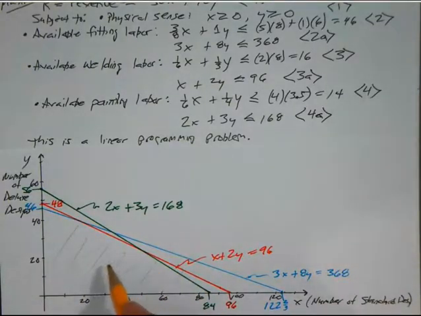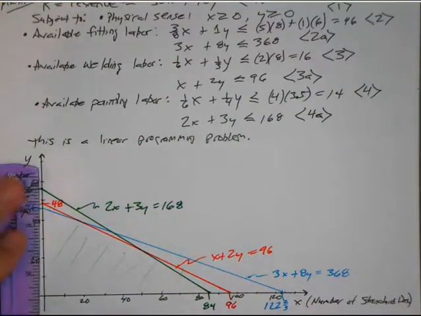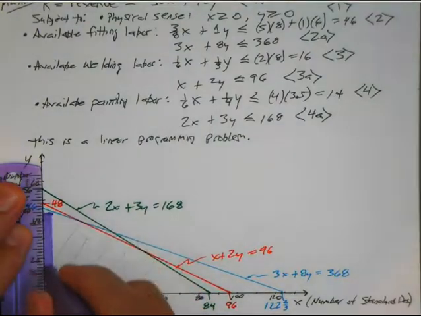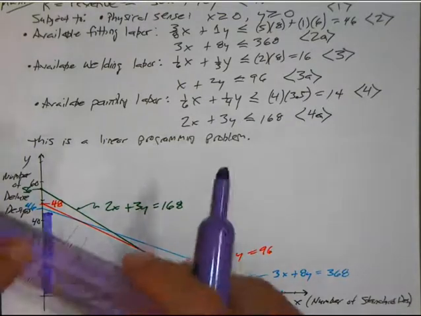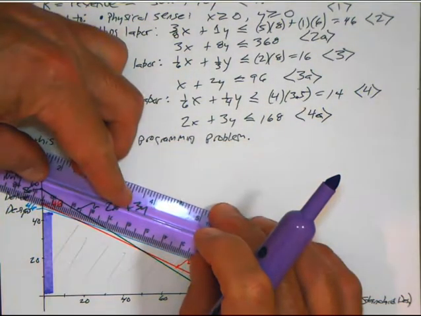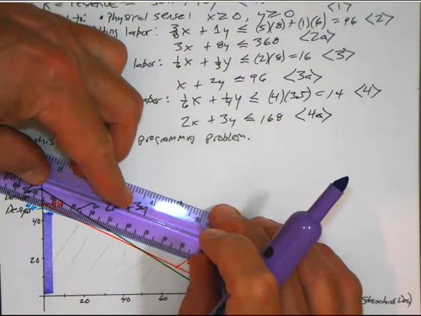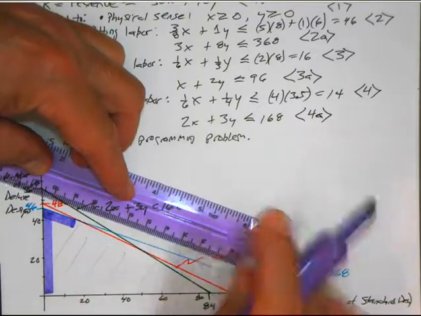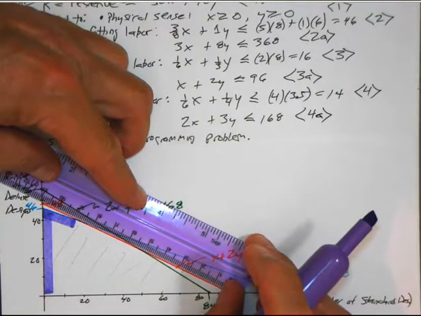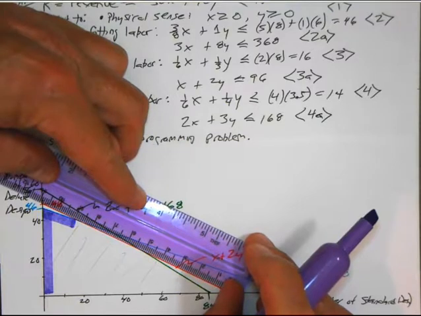This will leave us with an overall feasible region that is bounded by, well, here for starters. Now, right here, it's the blue line that bounds things up. Then the red line takes over as the boundary in this segment here.